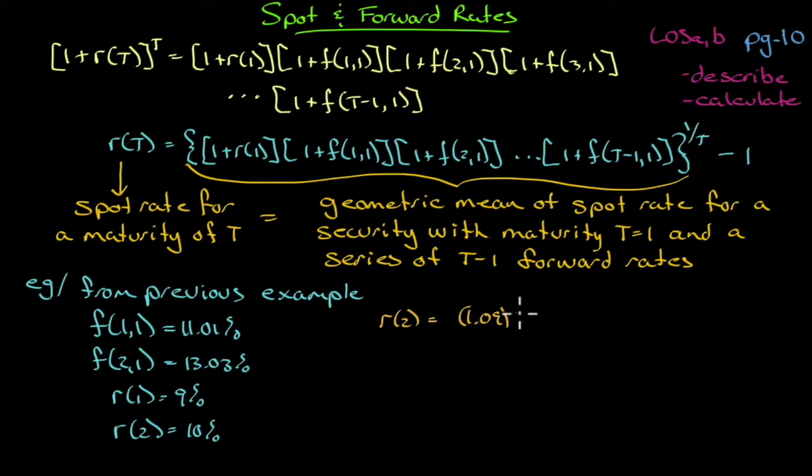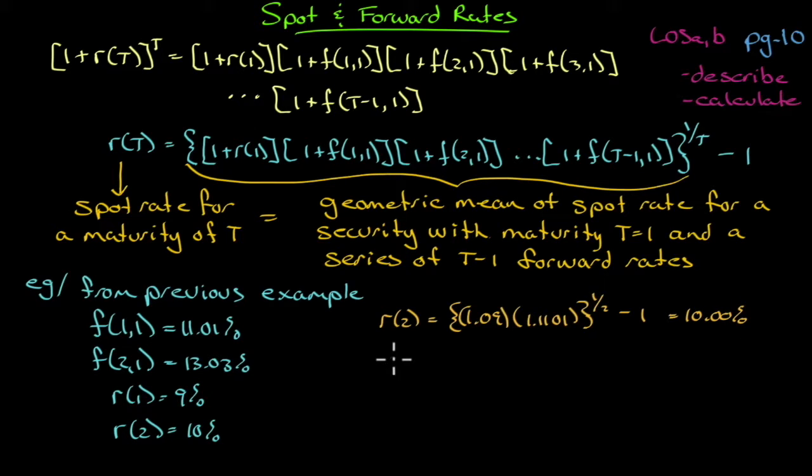F11 is 11.1, so 1.1101. And that will be to the power of 1 over t. Since this is 2 periods, that's a 2. It'll be to the power of 1 over 2, minus 1. That's all that's saying, is that if we multiply the spot rate by the implied forward rate that we have, we should get the spot rate for the 2-year zero. And if you do the math on this, you will get 10%.